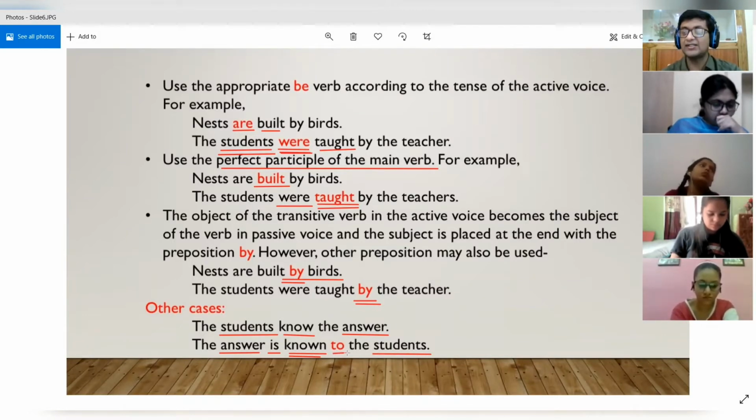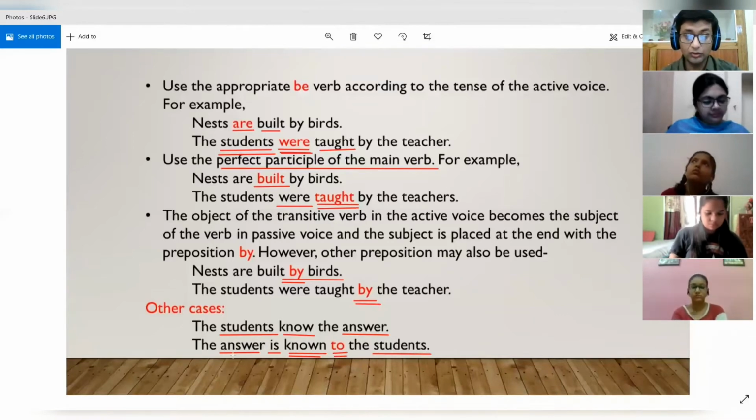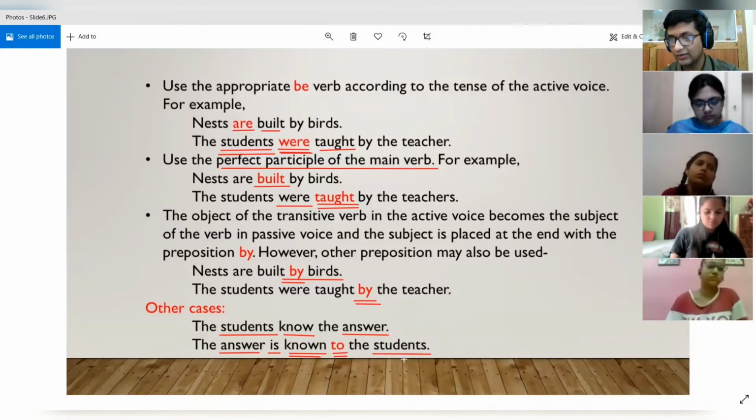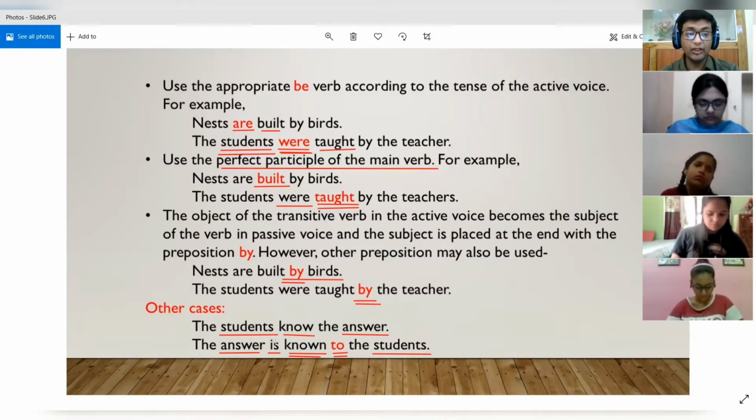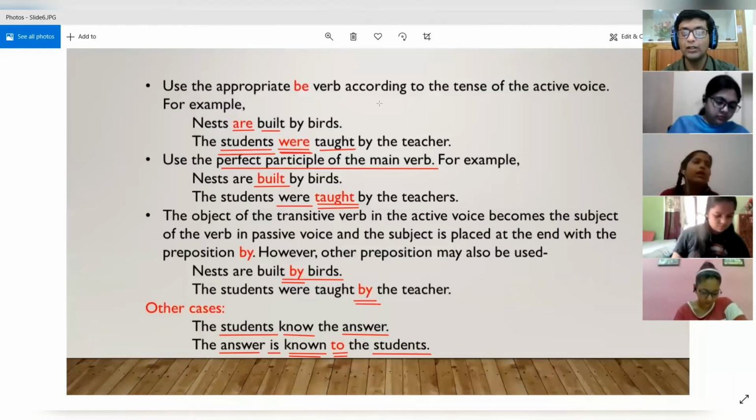In some cases, we won't use by because to is more appropriate according to the usage, right? So the answer is known to the students. These are the four rules that we follow to change an active voice sentence into a passive voice. All right. Any doubts up till now?